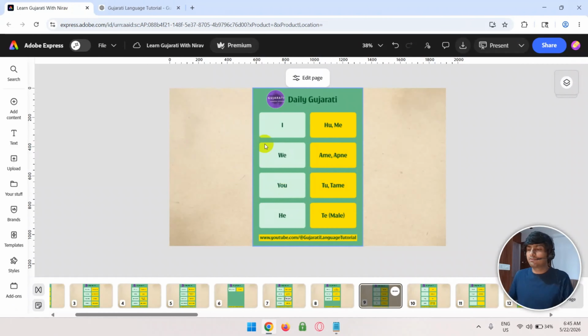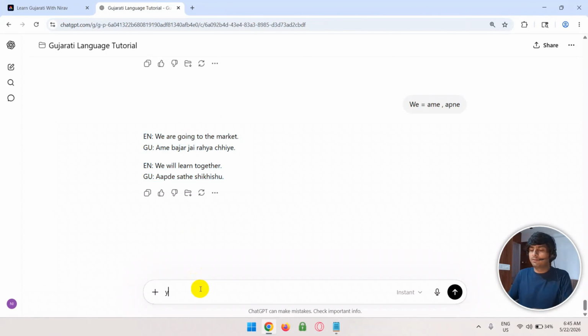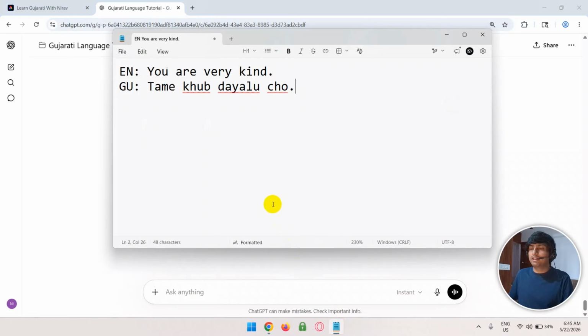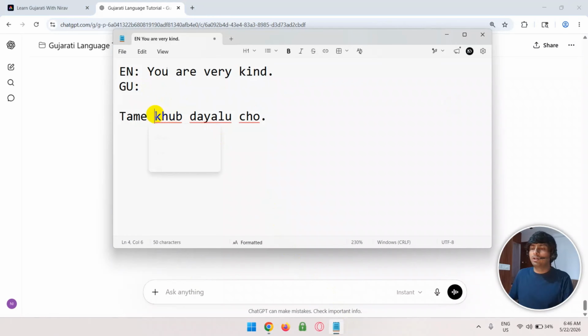The next one is you. Okay, this is a very sweet and simple sentence. You are very kind. તું ખૂબ દયાળુ છો. Or તમે. Now you have an idea about when to use tu and tame.